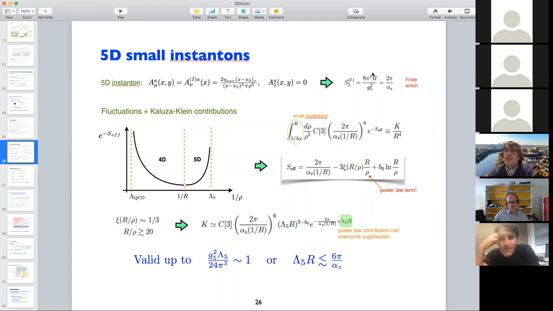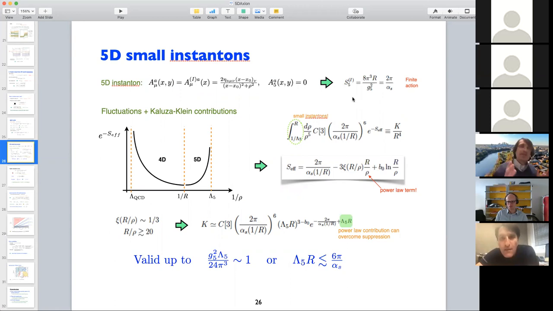Indeed, but in order to get finite action, the extra dimension needs to be compact. And so your question is related to this here, actually. If you take R to infinity, then it's e to the minus S, and you'll get 0. Exactly. There's no finite action solution in 5D, so that's right.